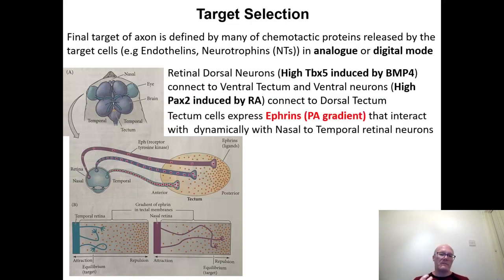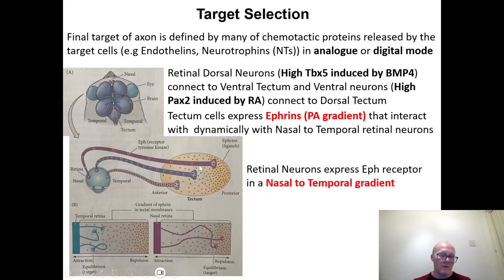However, neurons from the retina also are an example of an analog situation. In fact, the posterior cells of the tectum express ephrins, and these ephrins produce a posterior to anterior gradient along the cells of the tectum. Now, the axons and the neurons in the different regions of the retina express the ephrin receptor at different levels.